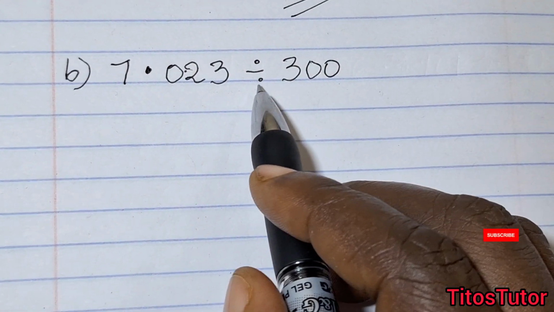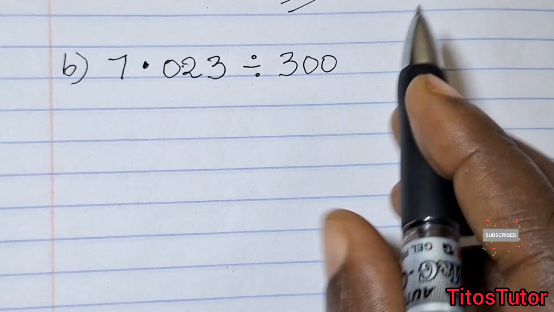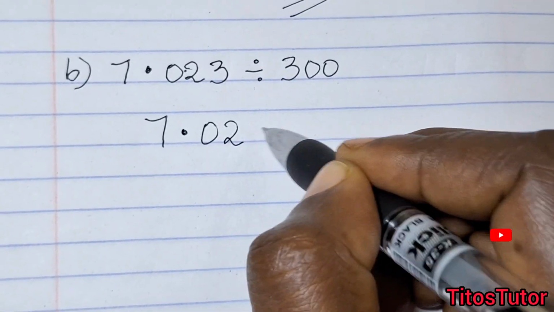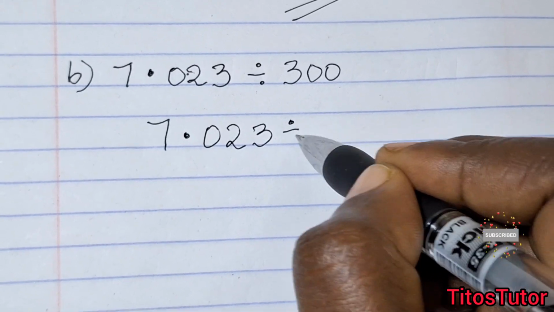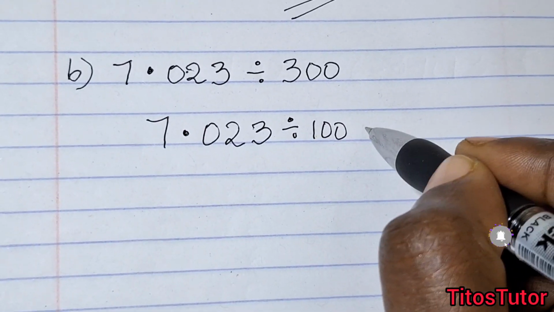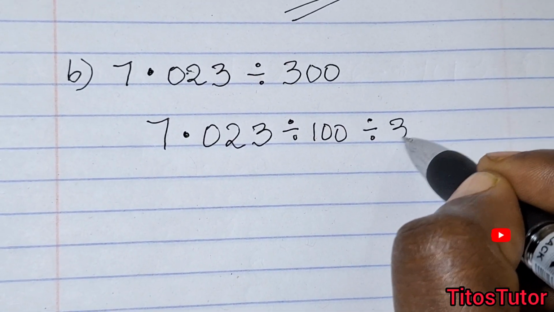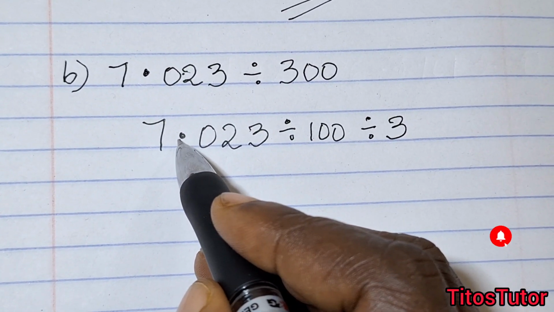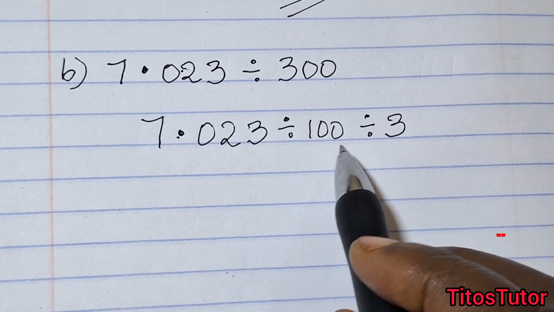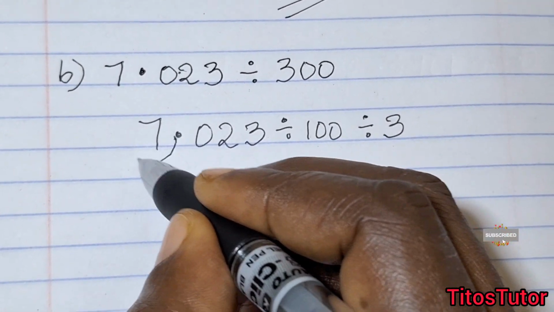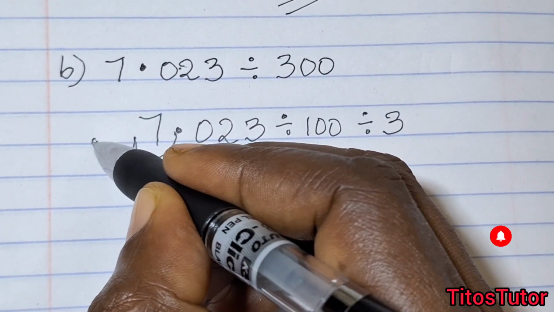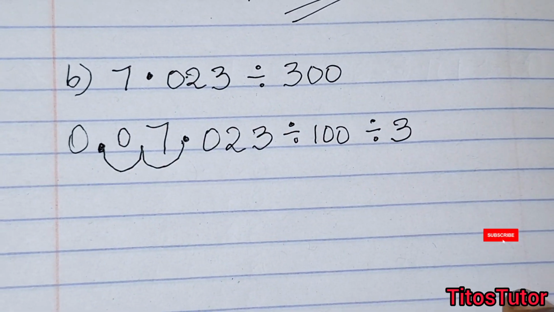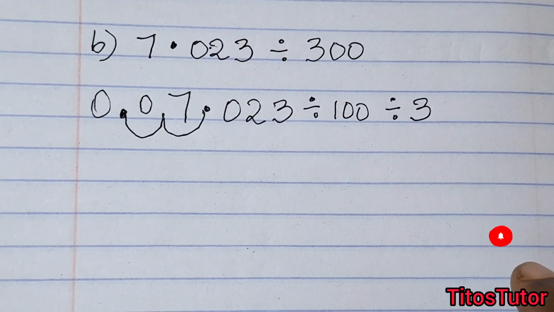And because we are dividing with 2 zeros, I'll first do 7.023 divided by 100 before I divide by 3. Okay, division is to take my decimal place to the left by the 2 zeros, 2 times. 1, 2. This is my new decimal place. I add a 0 to it and complete the empty spaces with 0.